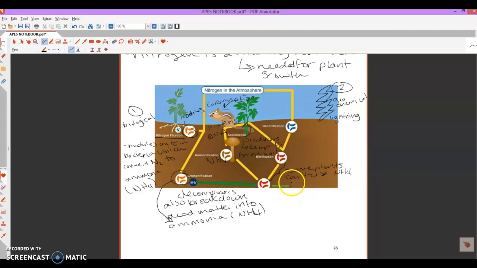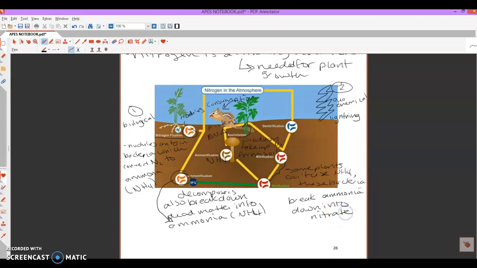So these bacteria right here, these bacteria break ammonia down into something called nitrates.